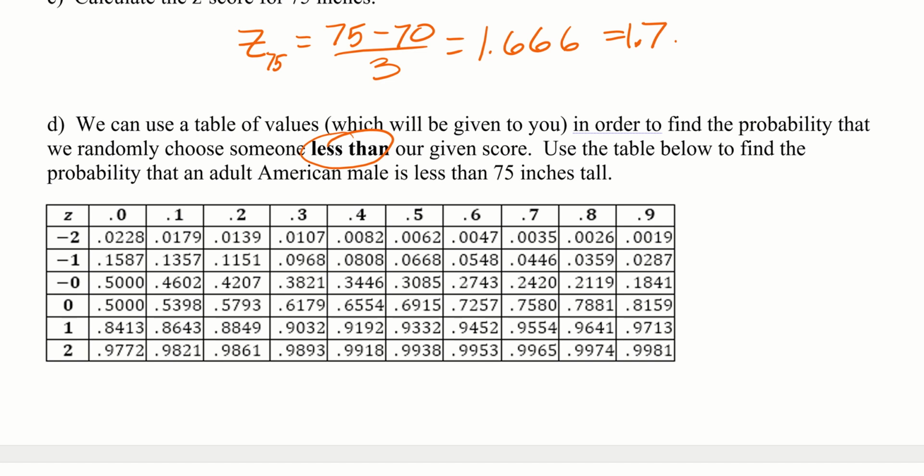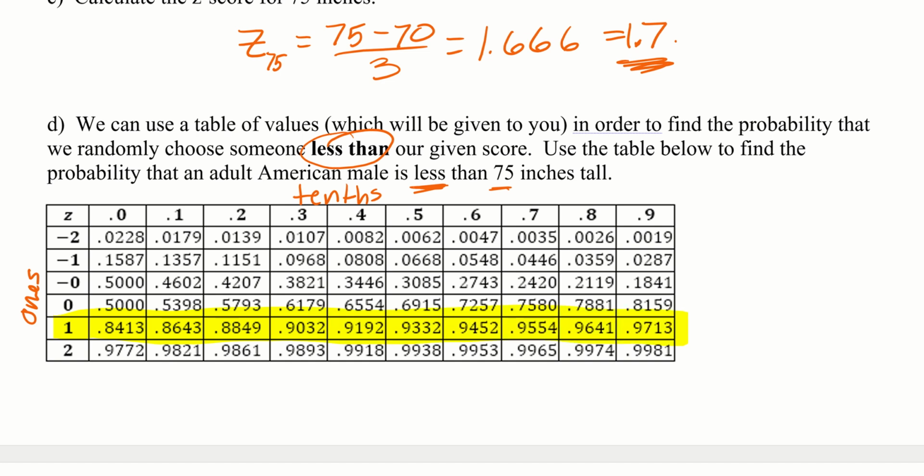It says use the table to find the probability that an adult American male is less than 75 inches. This is the ones column, and this is the tenths column. Since we're looking at 1.7, we go down to 1, so we are looking at this row right here.